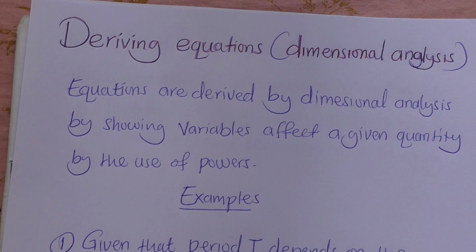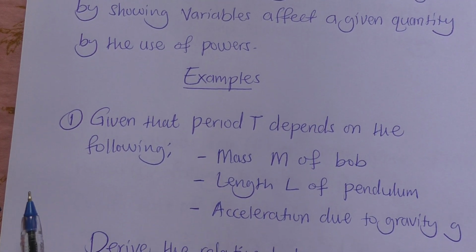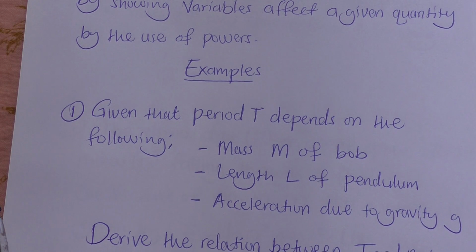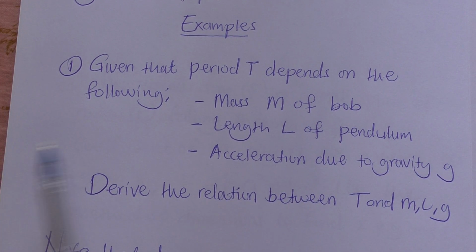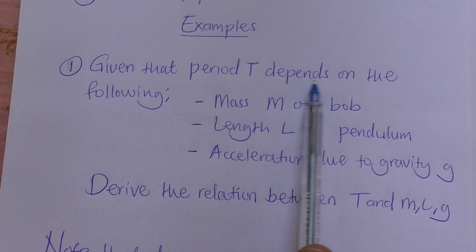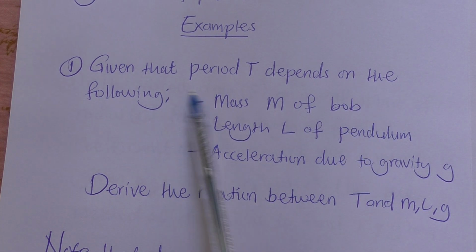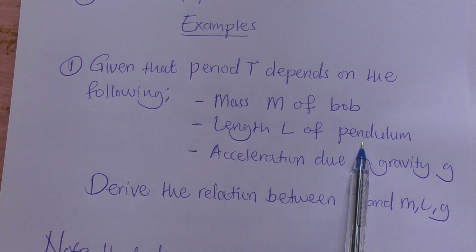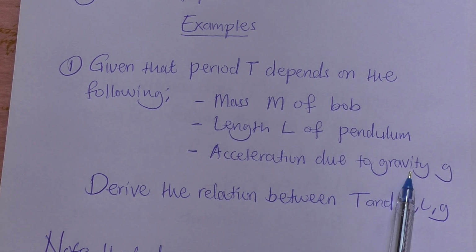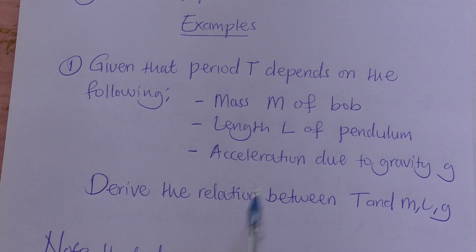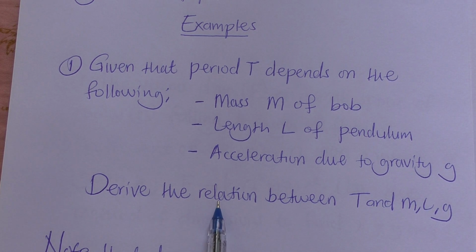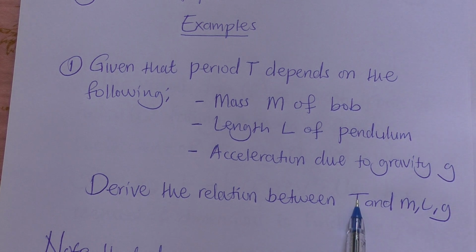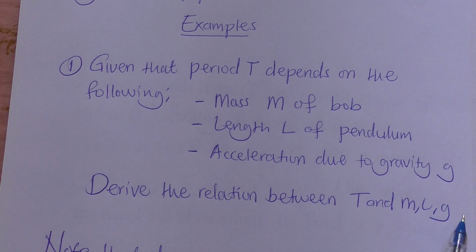For instance, in our example 1, we are told that the period T depends on the following: mass of the bob, length of the pendulum, and acceleration due to gravity. And therefore, our task is to derive the relation between T and m, L, g.